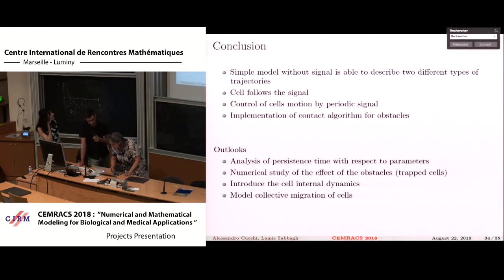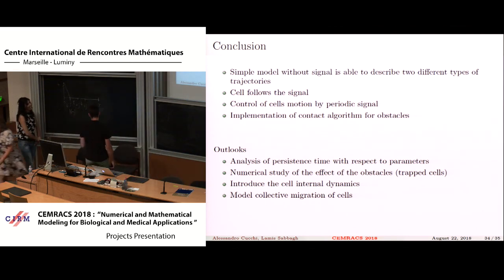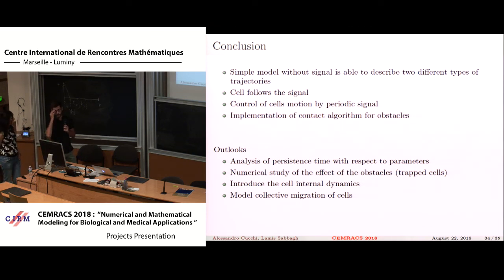Okay, perfect. Thank you. So for the conclusion, in this presentation, we present three stochastic differential equations. The first one without signal, and it's an important model because it's simple and it's able to describe different types of cell.